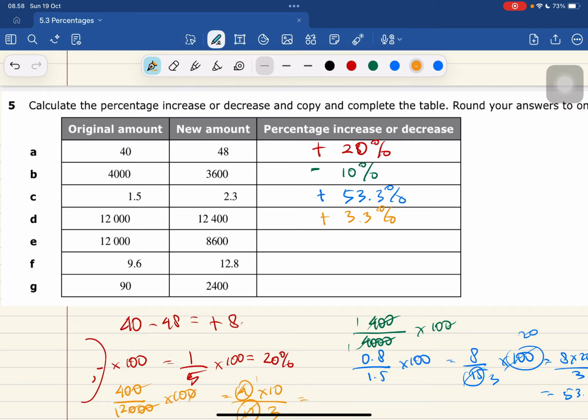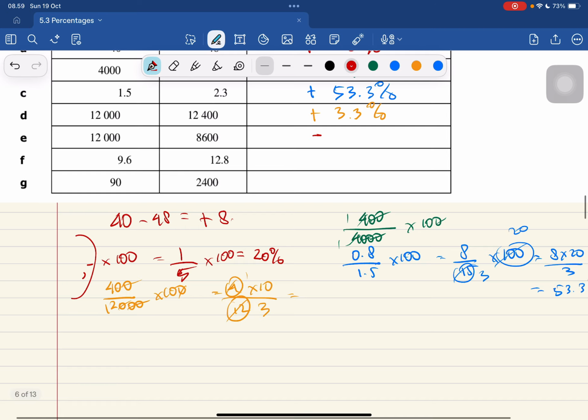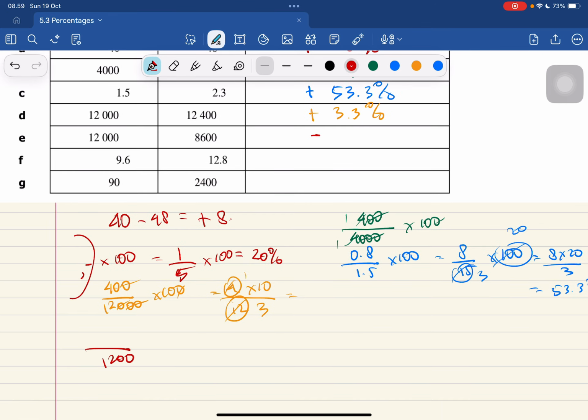Next, from 12,000 to 8,600. So absolutely this is a decrease. So we should find it. The original is 12,000. So the difference between 12,000 and 8,600 is 3,400. And then we multiply by 100. So we divide again. So it's going to be 34 times 10 over 12.